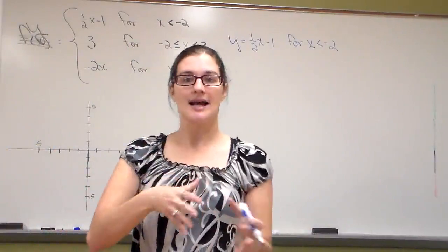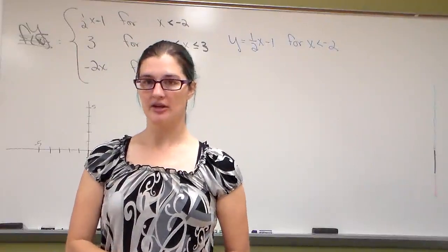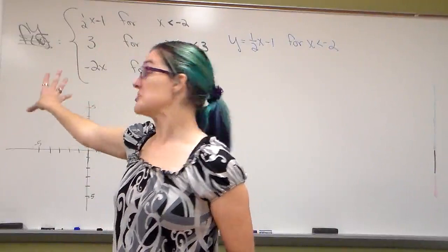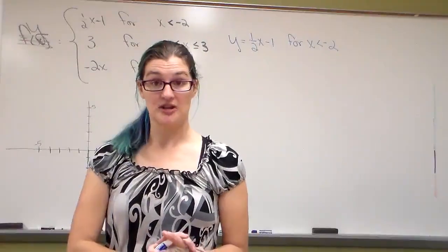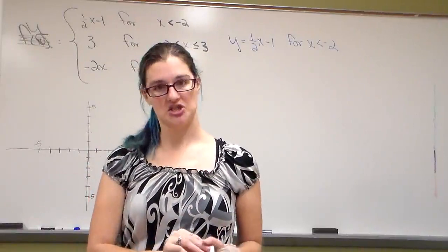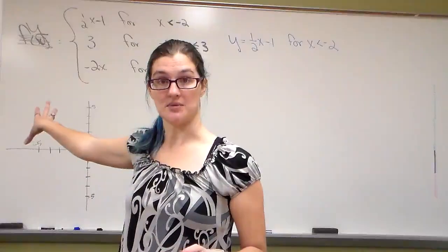So piecewise, we kind of save you that step. But if you're still struggling with how to graph a straight line, this is going to be an absolute nightmare. So I suggest if you struggle with a straight line, go back and work on graphing just a straight line. Then once you get that down really well, come back to piecewise.